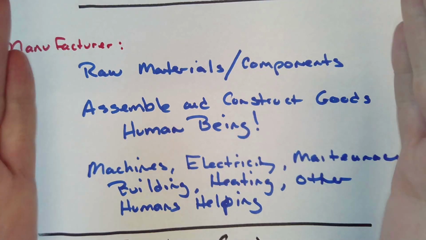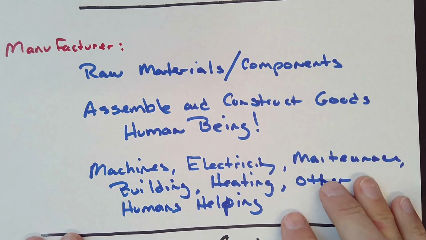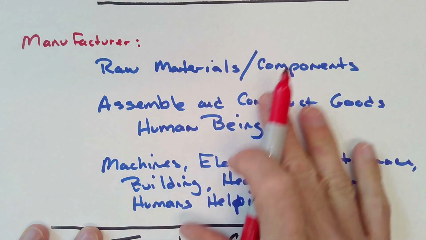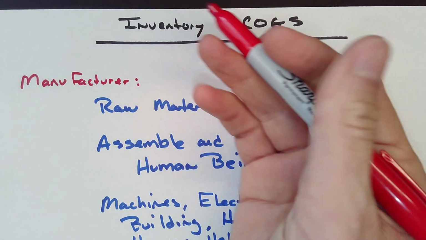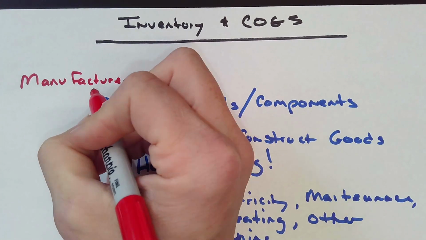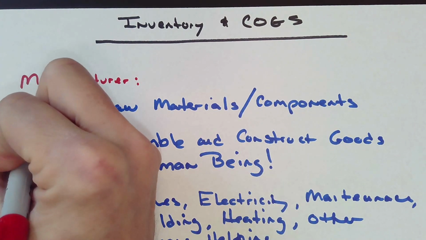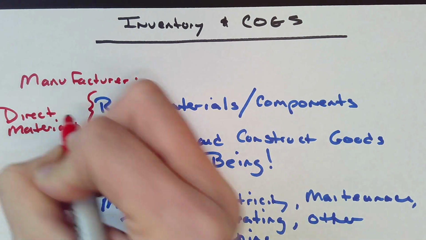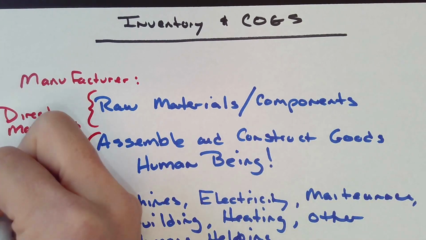These are three basic components of manufactured inventory, and you'll hear these things referred to, and later in the semester, this whole idea is going to come back up. So you'll hear this referred to as direct materials. You'll hear this referred to as direct labor.